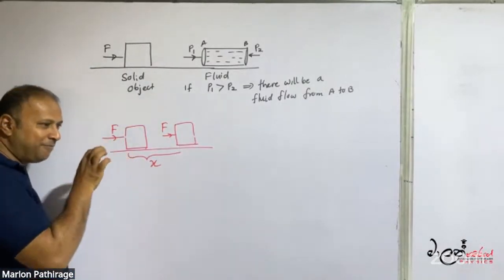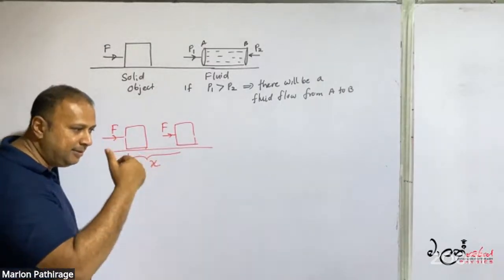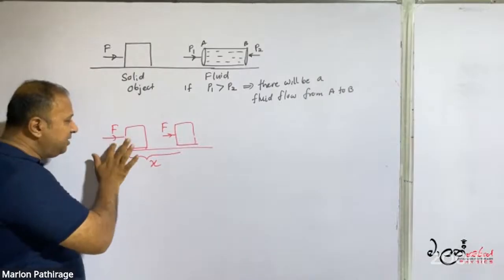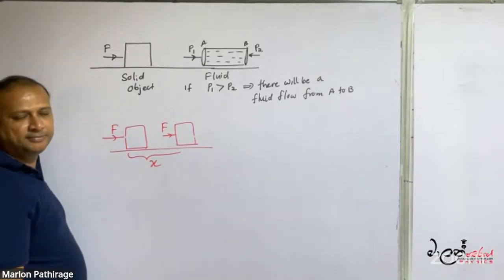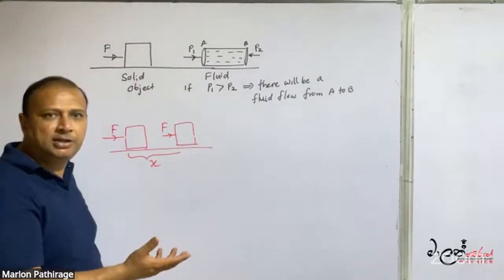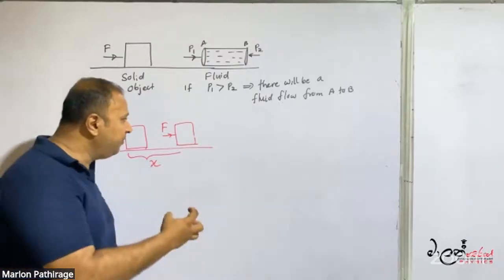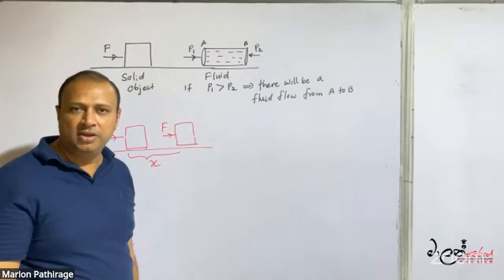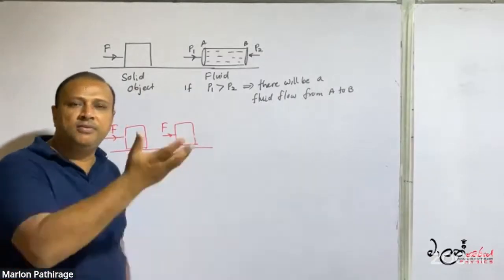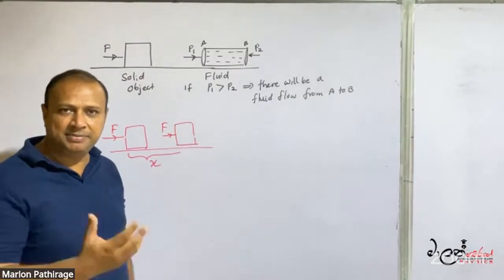If you apply a force on a solid object and move it a little bit, definitely there is work done by this force on this object. As a result, this object can gain some energy. Sometimes its velocity can be increased, sometimes the elevation can be increased, sometimes both.